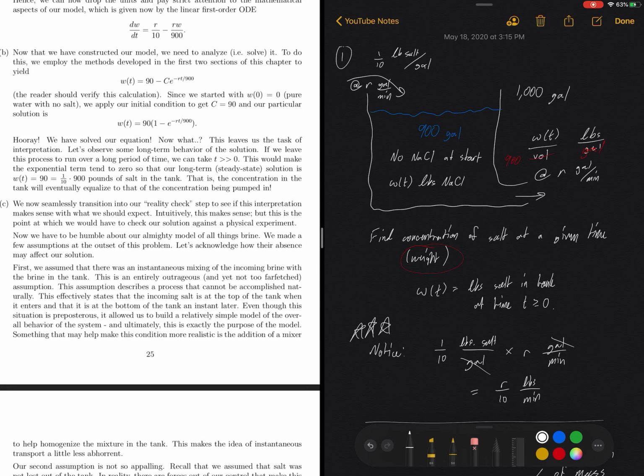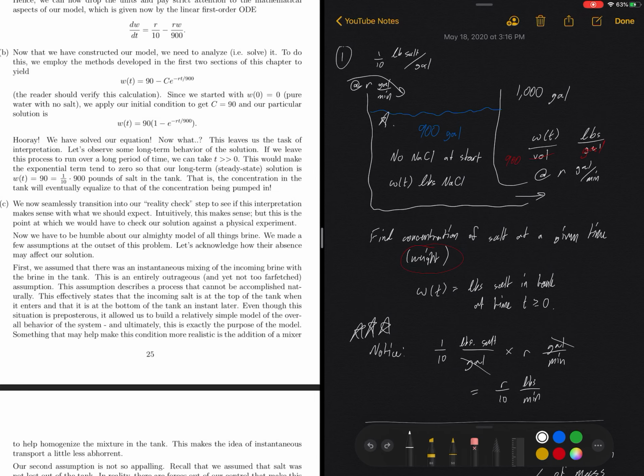First, you're assuming that there's instantaneous mixing in this model. I didn't say so at the beginning because I wanted to make sure we understood that the equation came from a model, or from certain assumptions. So let's talk about the assumptions. The minute that the salt hits the top of the tank, we are assuming that it immediately distributes throughout the entire tank, which may not be too bad an assumption if you've been leaving the machine on and it's been mixing for a good amount of time.